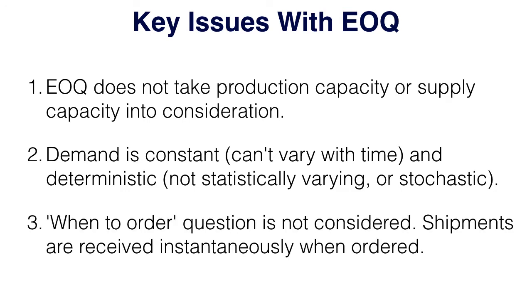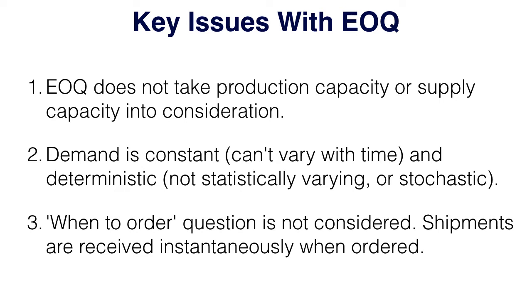Thirdly, which is linked to the first issue, the question of when to order is not addressed by EOQ. And why is this important? Because if the EOQ is 10,000, the supplier may be able to supply it, but not in the given time.